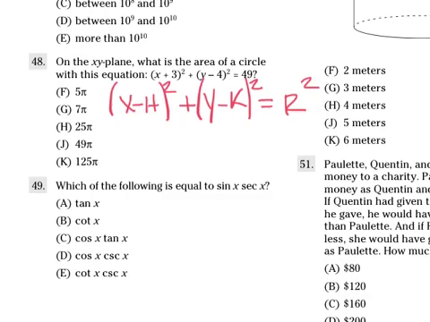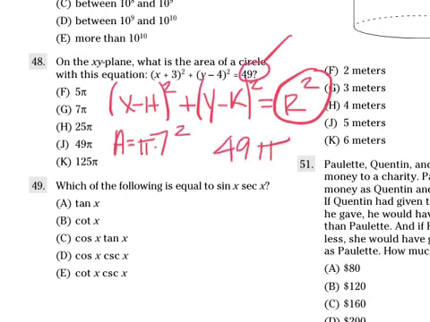So what's the radius? If r squared goes here and r is the radius, r is 7, because you take the square root to get 7. And the area of a circle is pi r squared. So it is 49 pi.